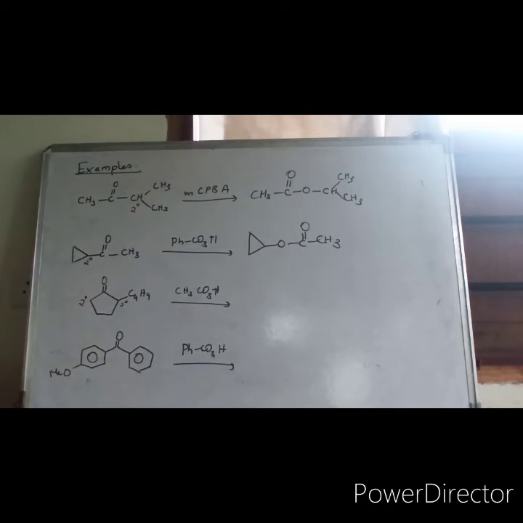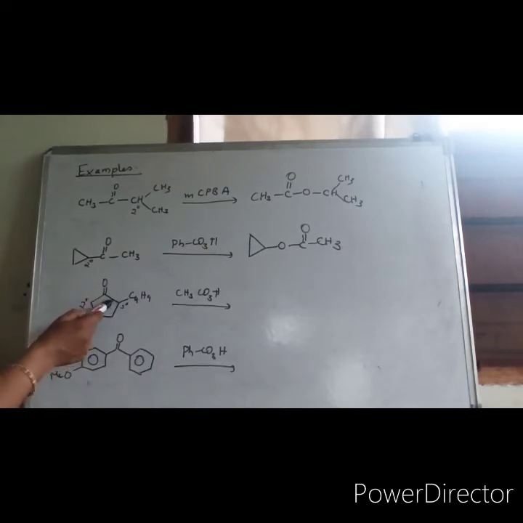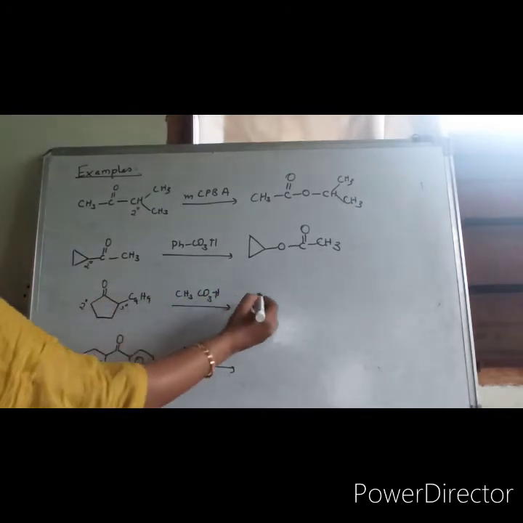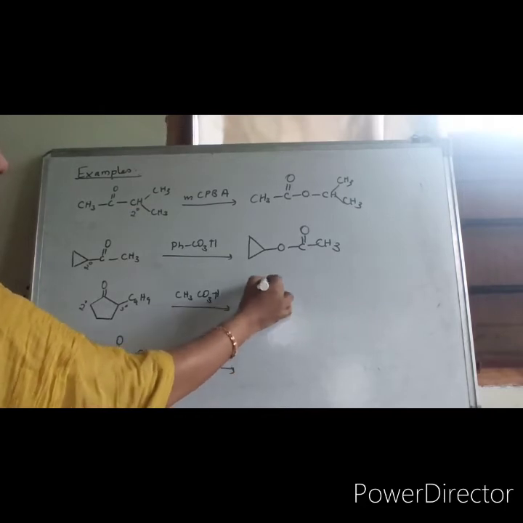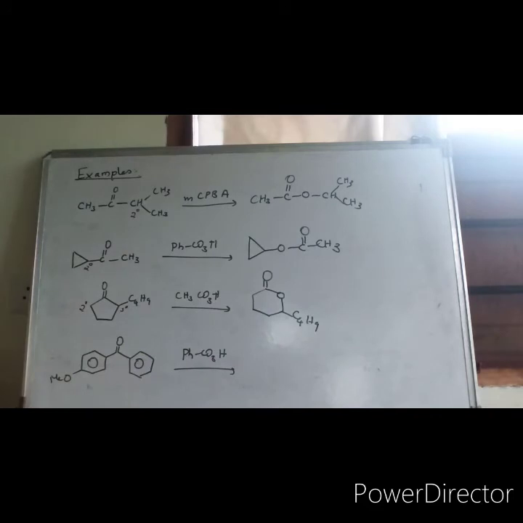Which group will be migrating? Obviously the tertiary alkyl group will be migrating. So oxygen will be inserted between these two carbons. The product would be a 6-membered one because oxygen also comes in. So you have to draw the 6-membered ring, here ketone and here C4H9.